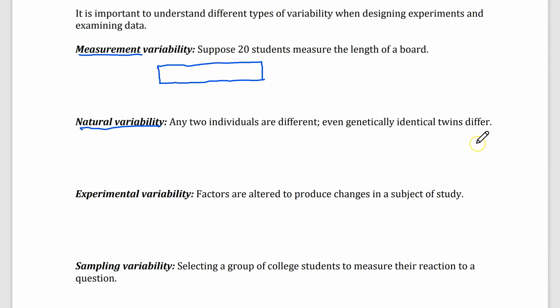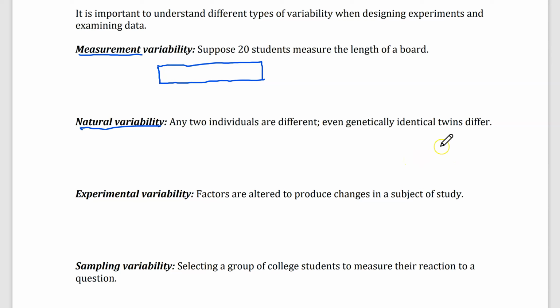Now, they weren't that different. Their looks were very similar, but their metabolism was different. Their competitiveness was a little different. Their strengths and weaknesses in school were a little different.